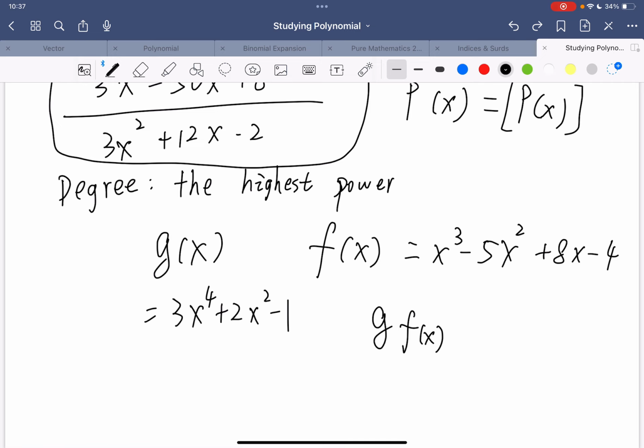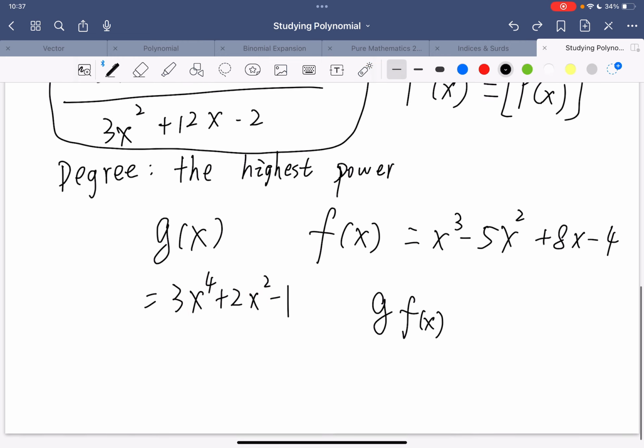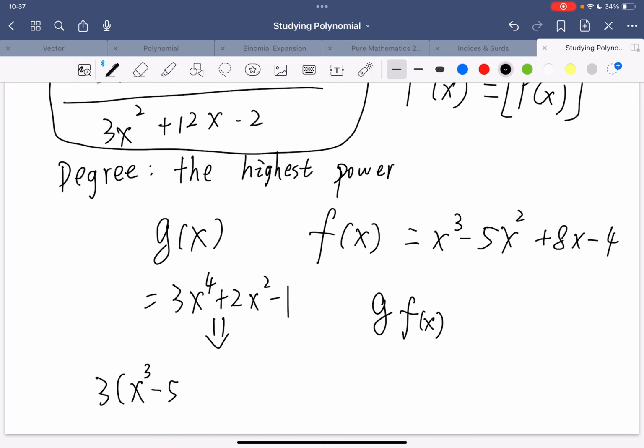Then what you need to do is bring the whole f(x) expression into each x in the g expression. So I can write it this way: 3 f(x) to the power 4 plus 2 f(x) to the power 2 minus 1.